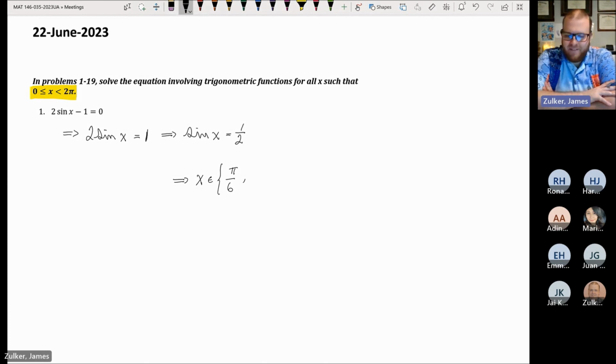Which is what? Right. So you know it has to be quadrant 2, right? Because sine is positive. So what quadrant 2 angle is pi over 6 the reference angle of?